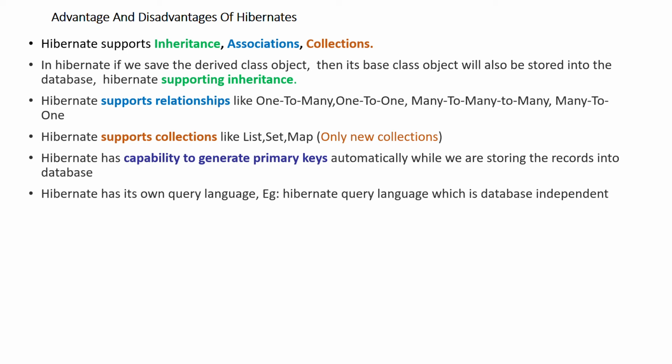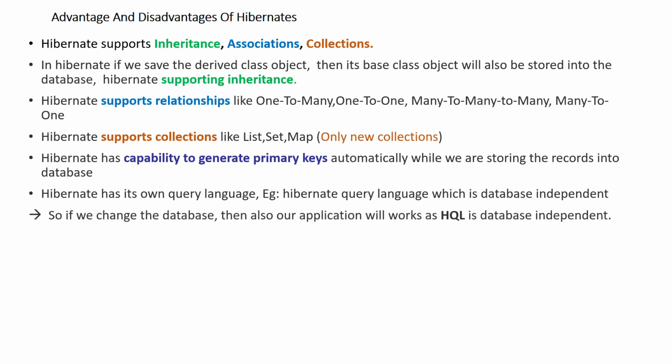For example, if our client requires our application to be developed in Oracle, and 5 to 10 years later they require a new database, like they want to switch to DB2 because of cost cutting, or MySQL or any other, our application won't be affected because it is written in HQL. So it is database independent.